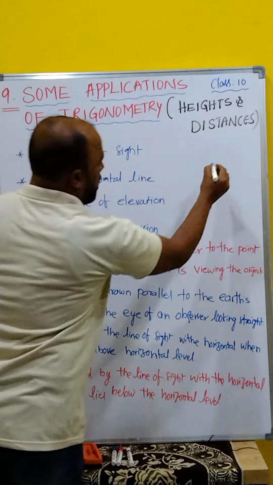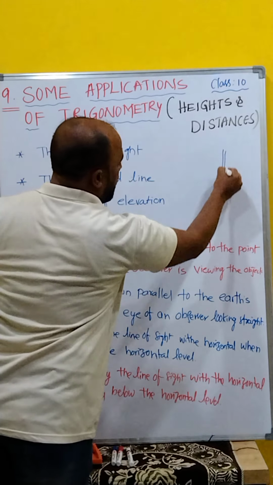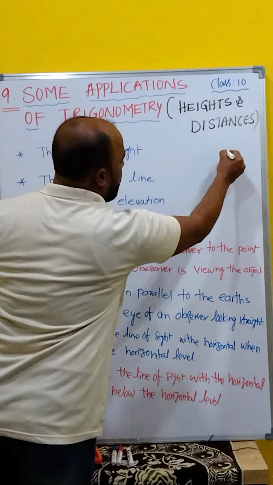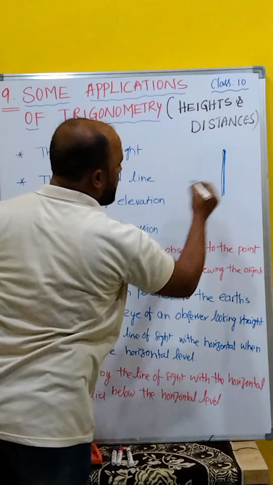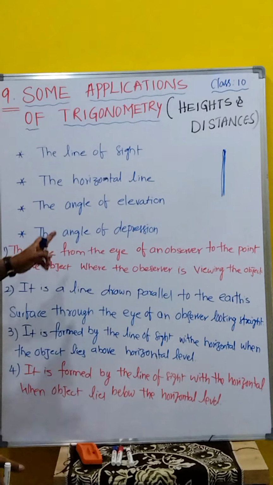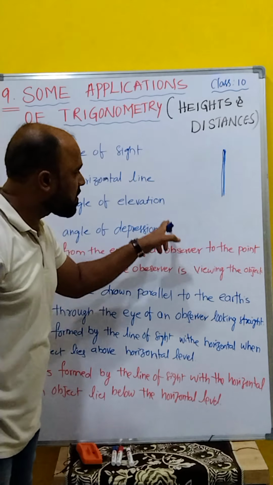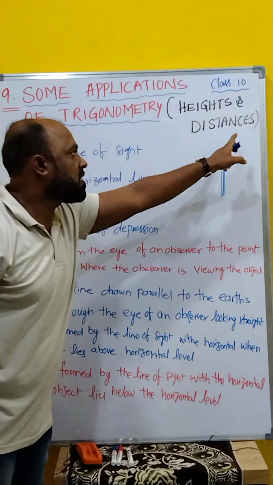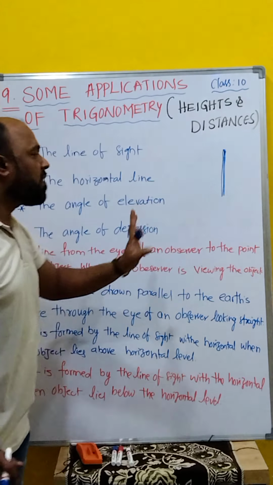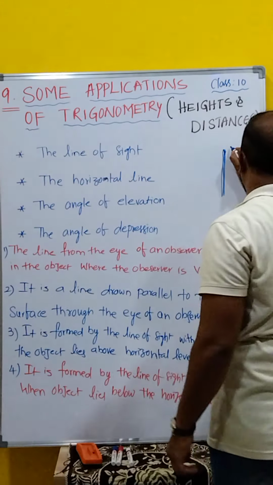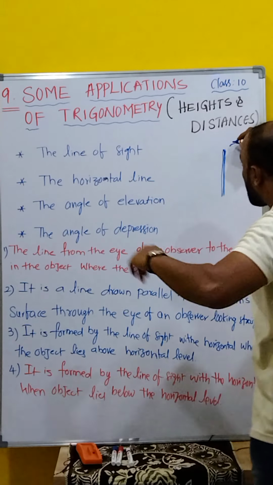Same way, take anything like a building or pole, whatever it is, assume it. We know already the two types of line of sight. Clear? One is from down, the eye, and one is up. Same way we are right here. The eye is here, now the observer is here.